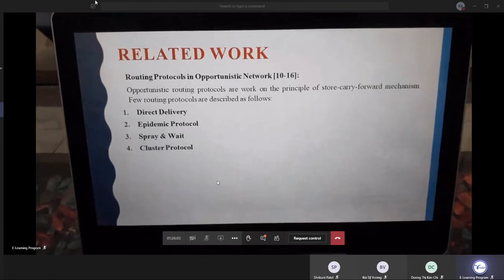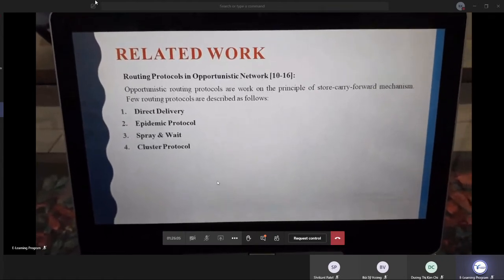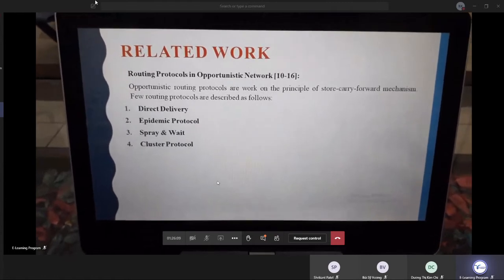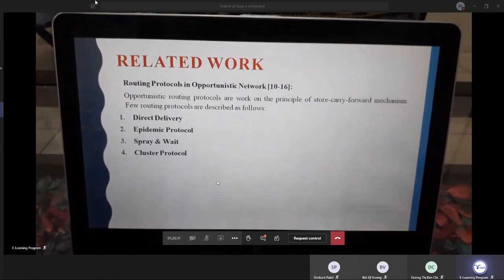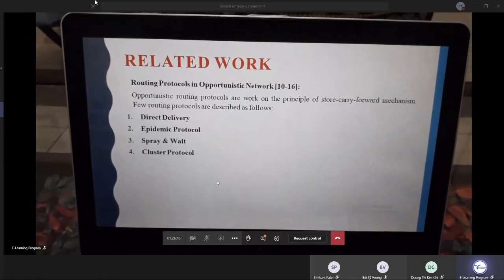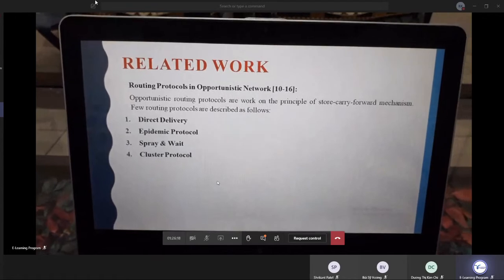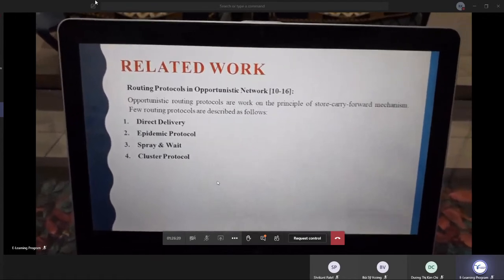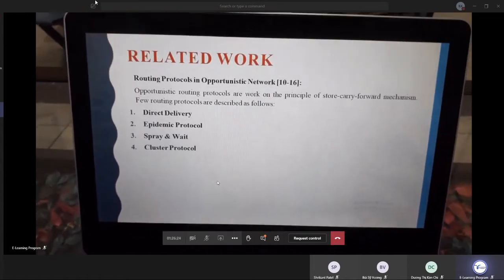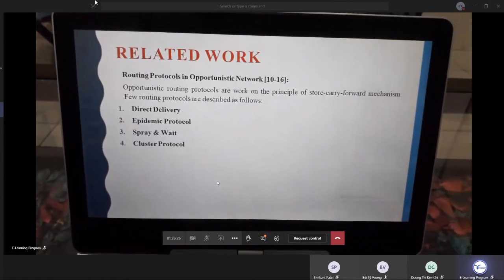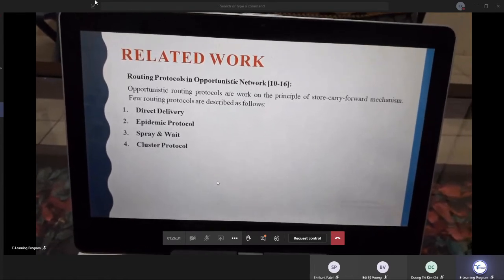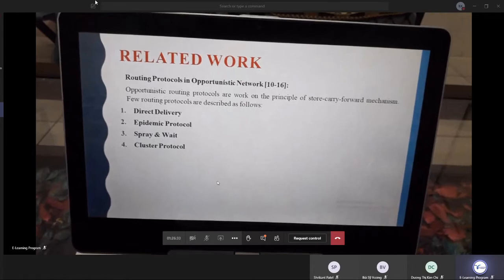In the direct delivery routing protocol, the sender node keeps the messages itself until it finds direct contact with the receiver node. It came into the picture in 2004. No message is disseminated to any nearest mobile node.